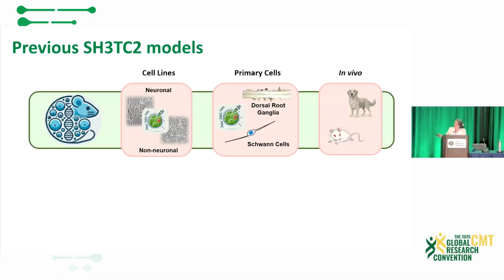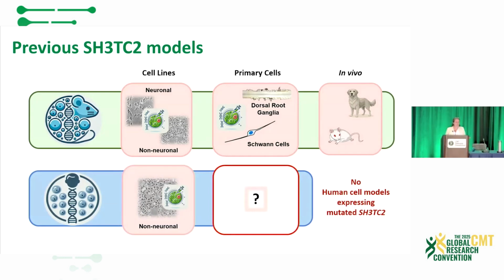There were also primary cells, mostly from mouse or rat dorsal root ganglia and Schwann cells, and in vivo models, a natural one: dogs with a mutation in SH3TC2. There is also a mouse with a natural spontaneous mutation, and a knockout model. For human, we only have non-neuronal transfected cells, and there were no human cell models expressing mutated SH3TC2.